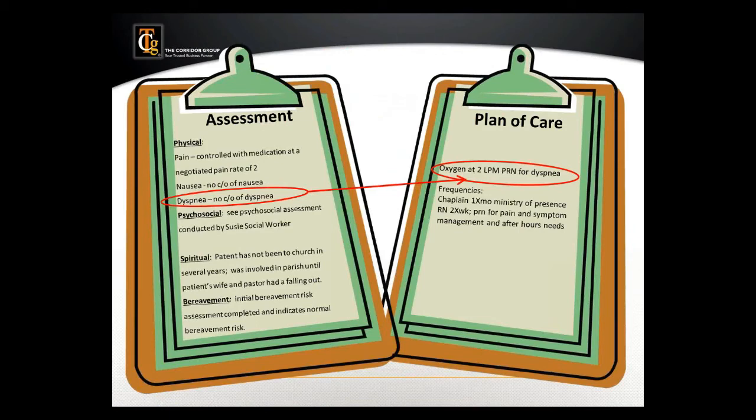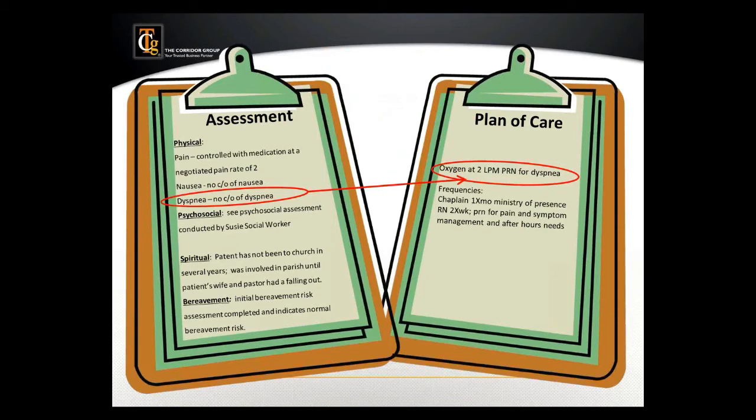So on our assessment, what we often see on the physical component of that assessment is that, again, the oxygen issue: there's no complaints of shortness of breath, there's nothing observed by the clinician to show that the patient has shortness of breath, yet we're putting 2 liters of oxygen PRN in every single home.